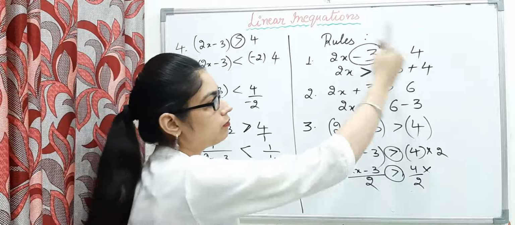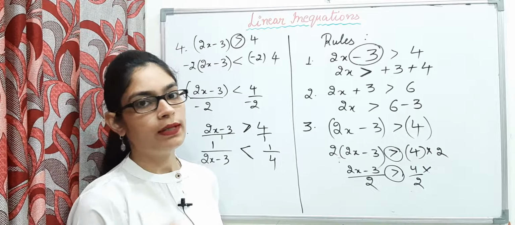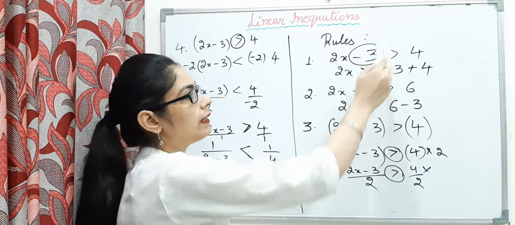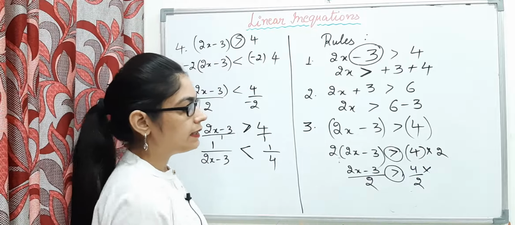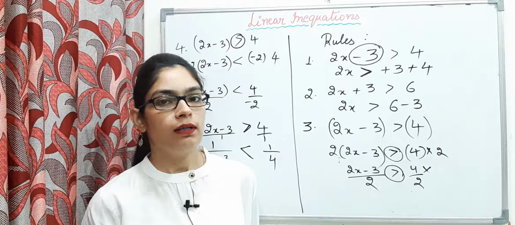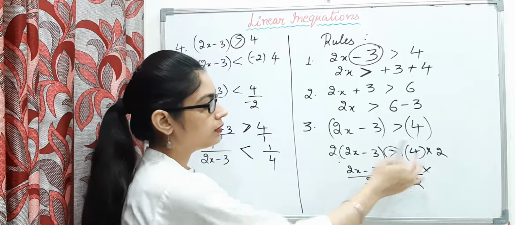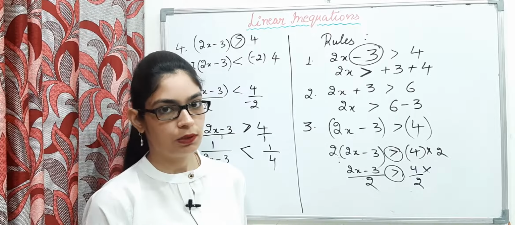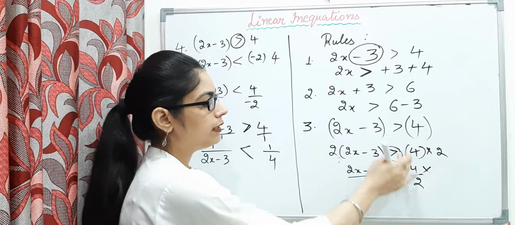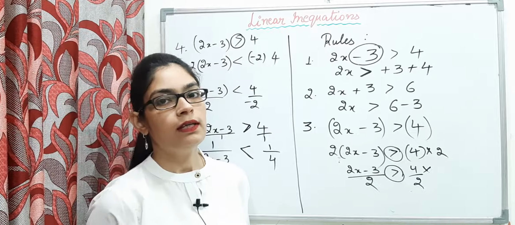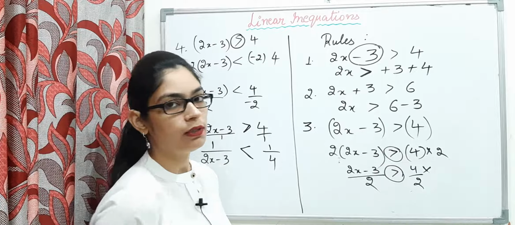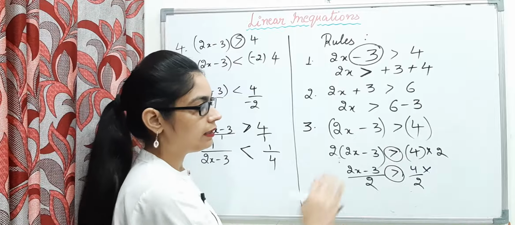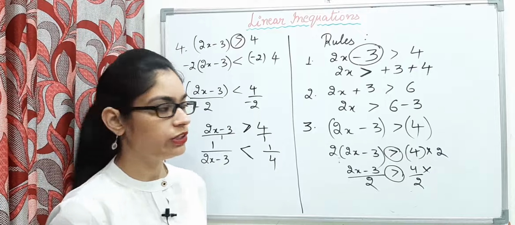A positive number, if we shift it to the other side, changes to a negative number, and the sign of the inequality remains the same. The third rule says that if we multiply or divide both sides of the linear inequation by the same positive number, there won't be any change in the sign. If it is greater than, it remains greater than. If it is less than, it remains the same, no change.